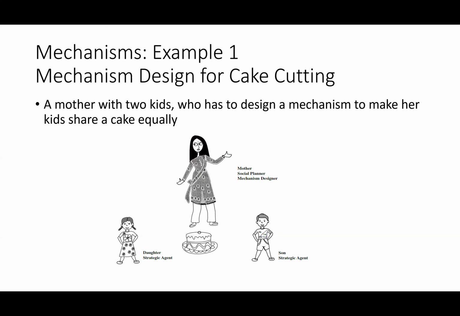In this case, I'm using that word for now, and then later we'll use the technical term. So at the end of the day, the boy or the girl, whoever is cutting the cake first, knows that he or she wouldn't have the opportunity to pick first, right? And so the person will make sure that he or she is cutting it equally.